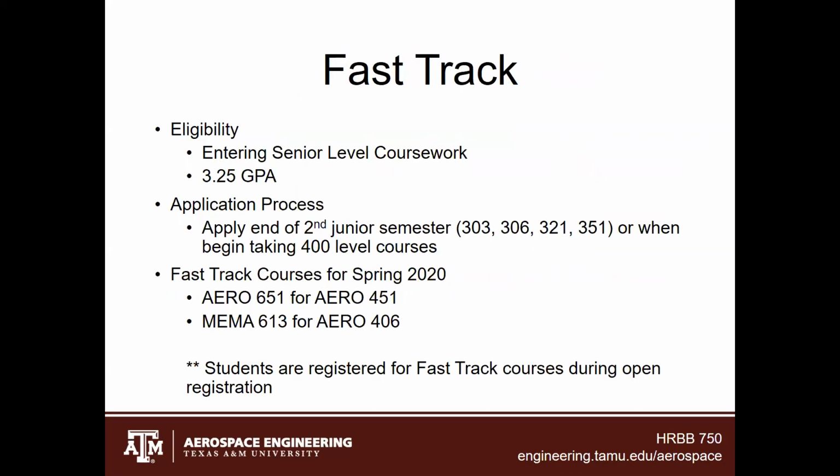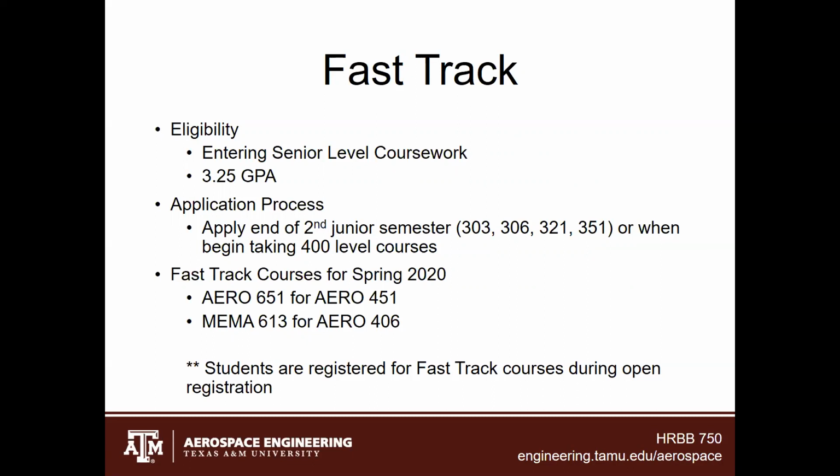Fast track. If you are interested in participating in the fast track program, typically you apply when you're entering your senior level coursework, which is your second semester junior year, and you must have a 3.25 GPA. There is an application process.